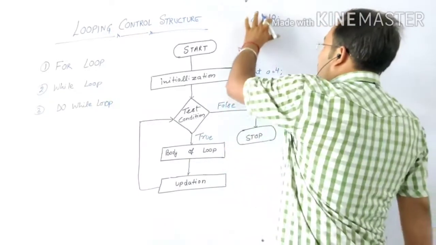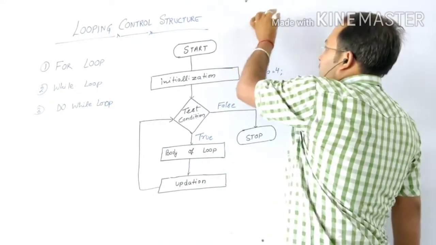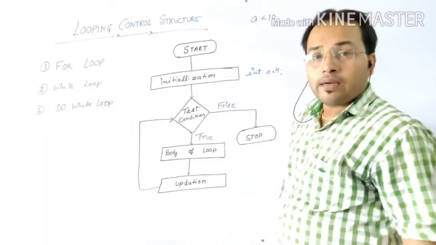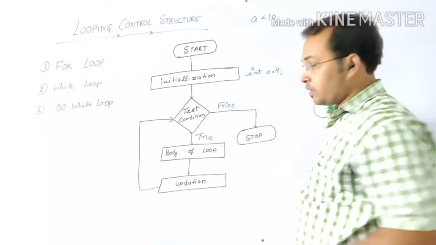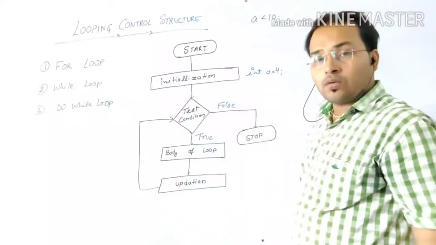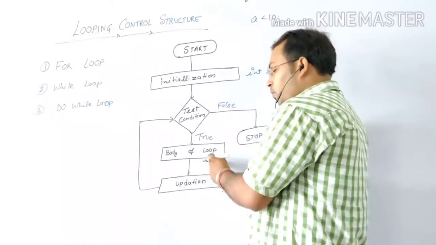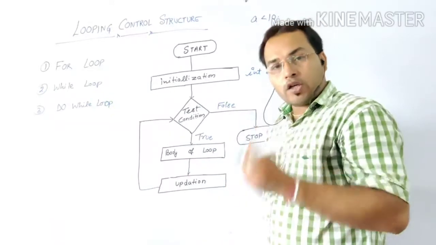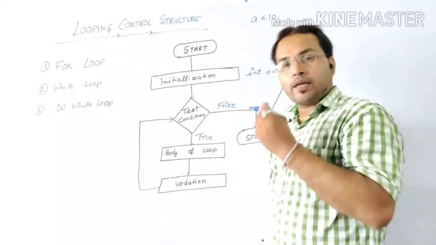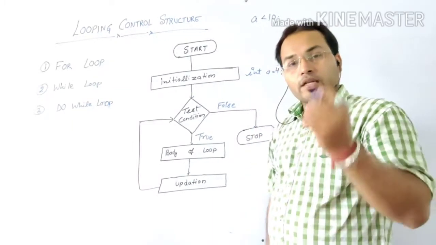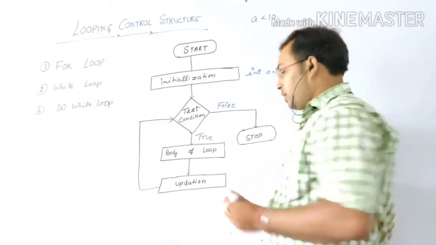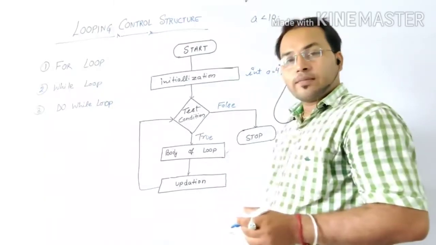But suppose it is written like that, a less than 10, then in this situation 4 is less than 10, that means my condition will be true. Then it will come to the body of the loop. In the body of the loop, whatever statement is written, that will execute from there.